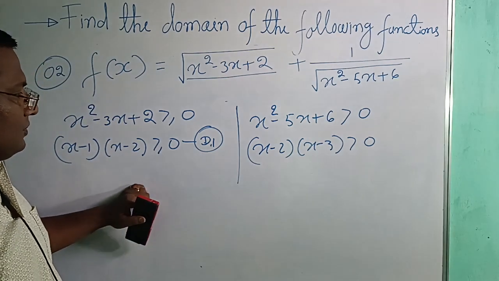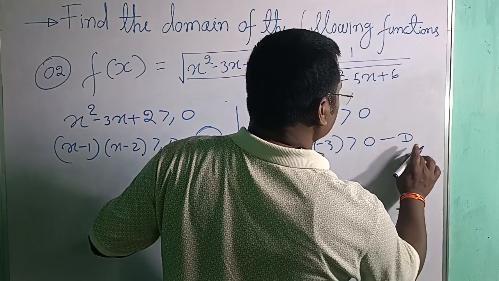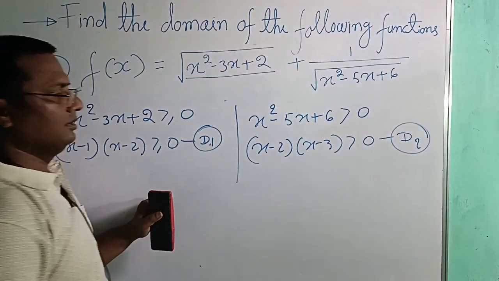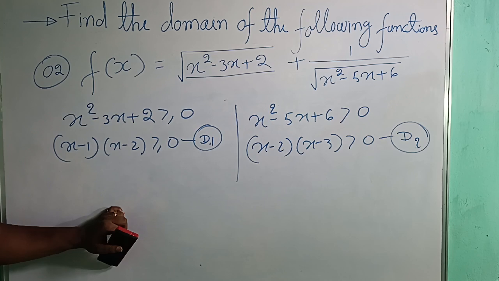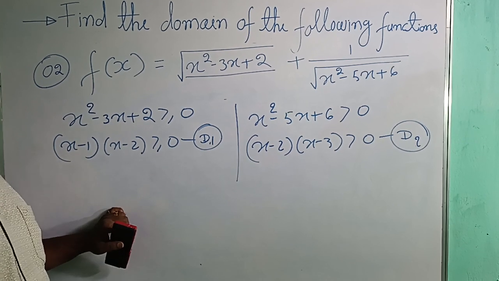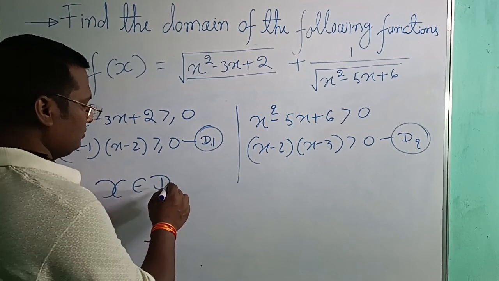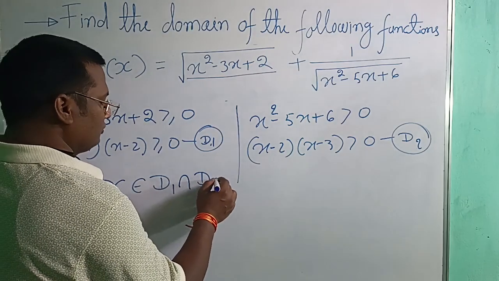This is domain number 2. Now the intersection of D1 and D2, so x belongs to D1 intersection D2.